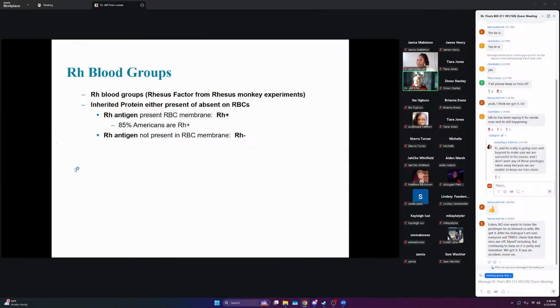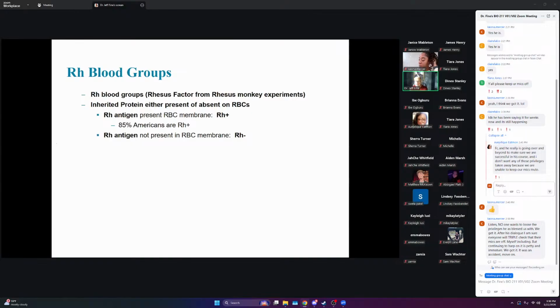So Rh is called the rhesus factor, and that is the positive or the negative assigned to your blood type. Okay, and Rh stands for rhesus factor because these were experiments done in the 1940s, I believe, maybe 50s, on rhesus monkeys that scientists evaluated to further narrow down their blood type to make it even more specific and accurate.